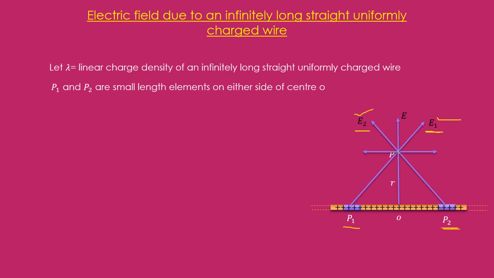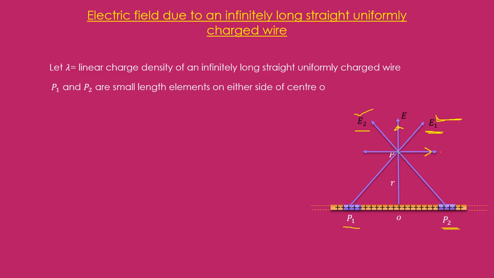Now when we resolve E1 into two components, along the x-axis and along the y-axis, that is, horizontal component and vertical component, the horizontal component of E1 will be along this direction, and the vertical component along this direction.